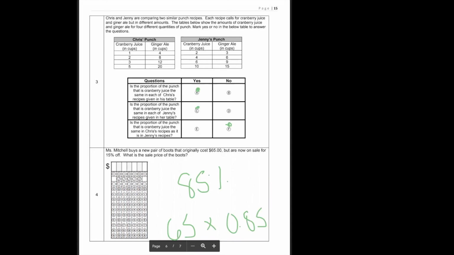When we subtracted in the first example I showed you, we subtracted 15%, but really we were just paying 85%. So now that we know that, we can just do 65 times 0.85. And what do we get? We still get $55.25.